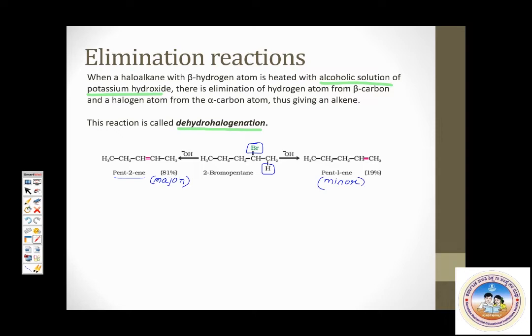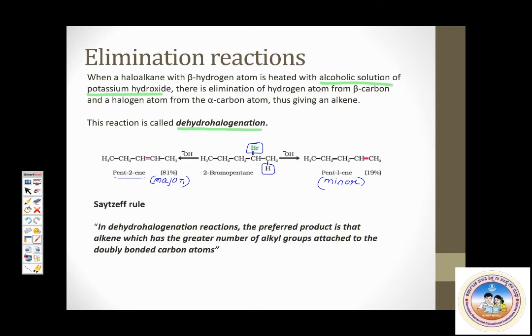That alkene which has greater number of alkyl groups attached to carbon-carbon double bond. That is called the more substituted alkene. Hence, that becomes the major product.